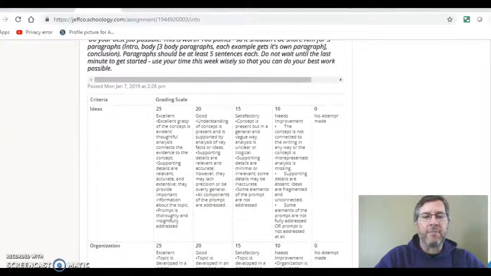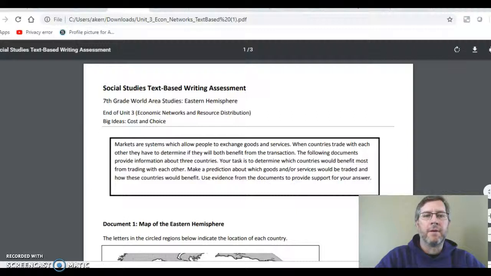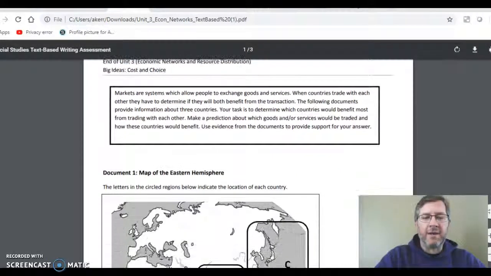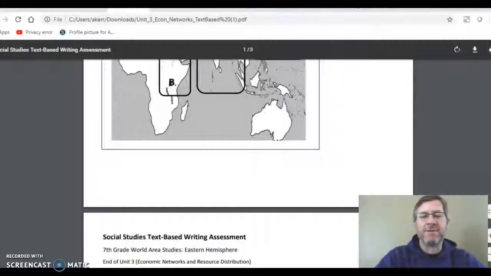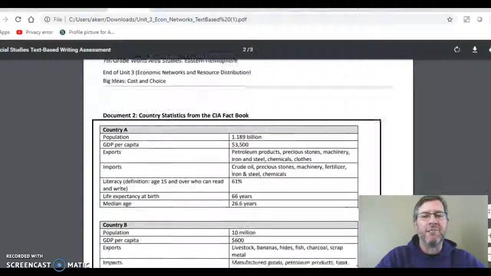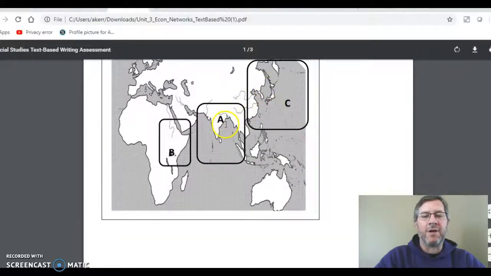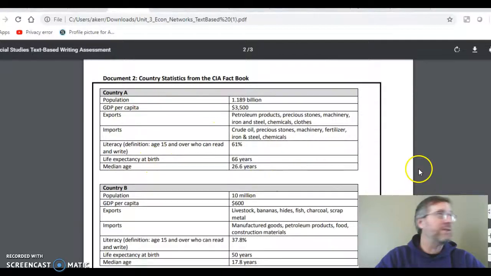Let me open that up. Here we go. You are going to be given 3 areas to look at in the Eastern Hemisphere, and then 3 countries: country A, country B, country C, which align with these areas A, B, and C, and you are given statistics on each of these 3 countries.